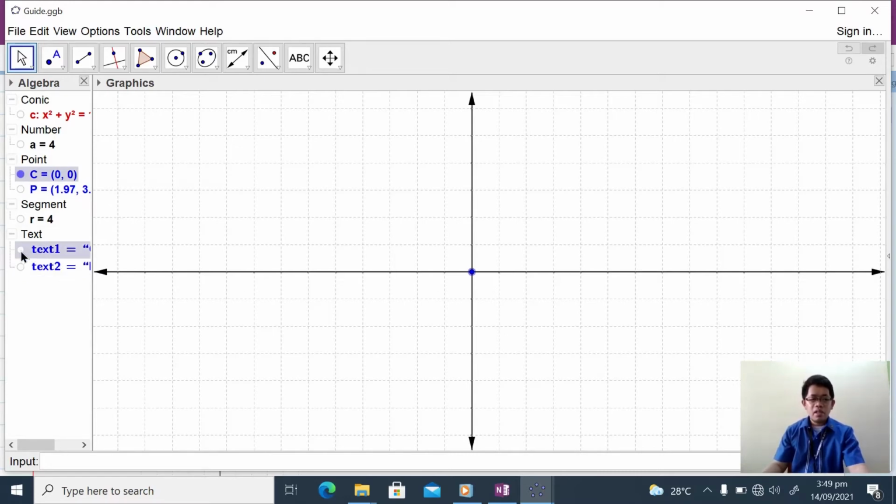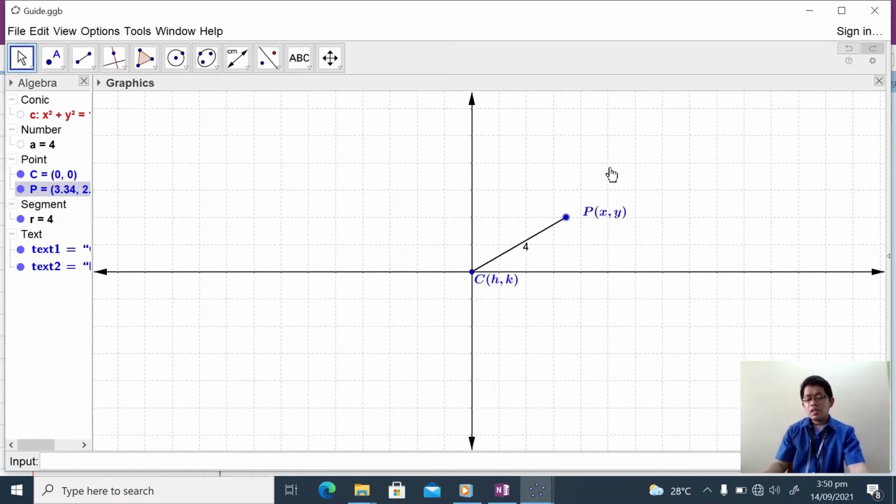We call it C, whose coordinates are H, K. Then we introduce point P, whose coordinates are X, Y. We can change the location of P anywhere we want. Suppose you would like to get the distance from C to P. The distance is actually 4. P can be here, anywhere you want.